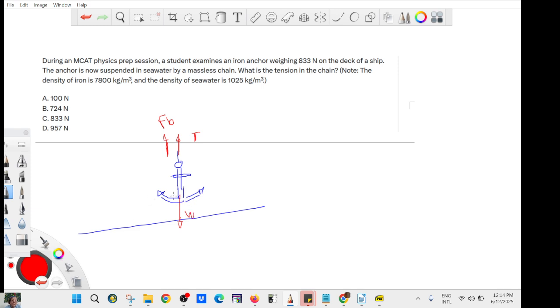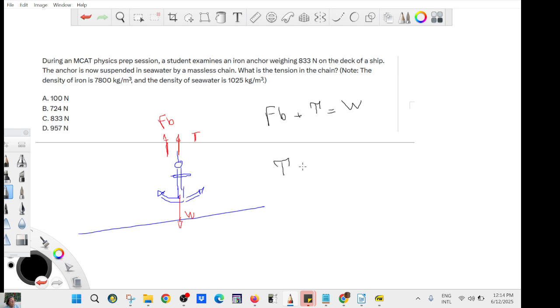Obviously, the density is larger than the water, but you have the tension here. So Newton's second law, or equilibrium, you have the buoyant force here plus the tension equals the weight. Okay, and they want you to find the tension.